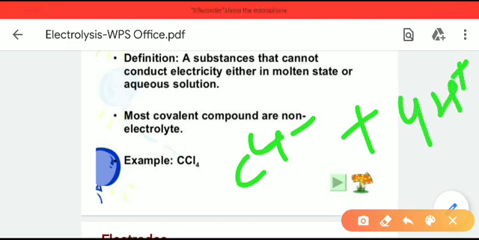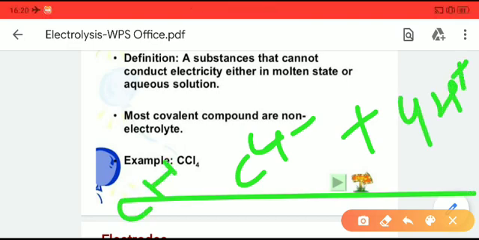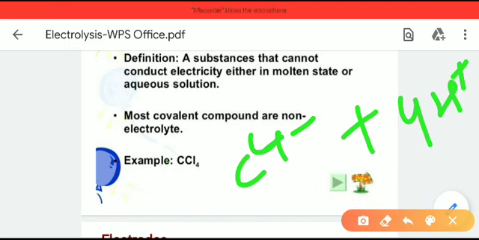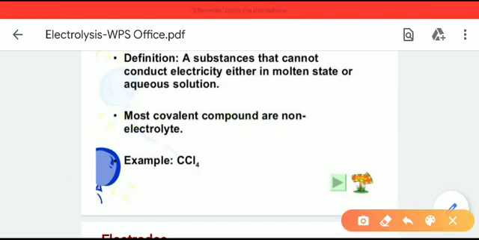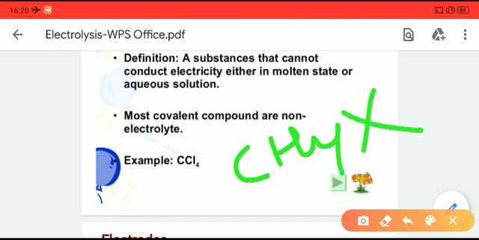It will not be ionized to give C4- plus 4H+. CH4 will not ionize in the solution.